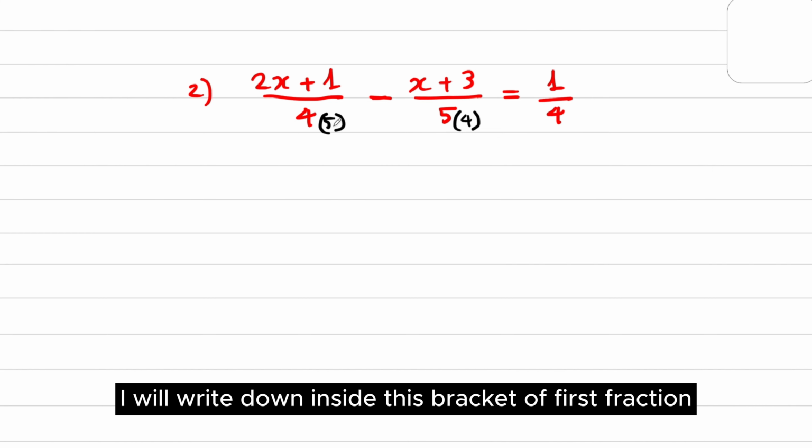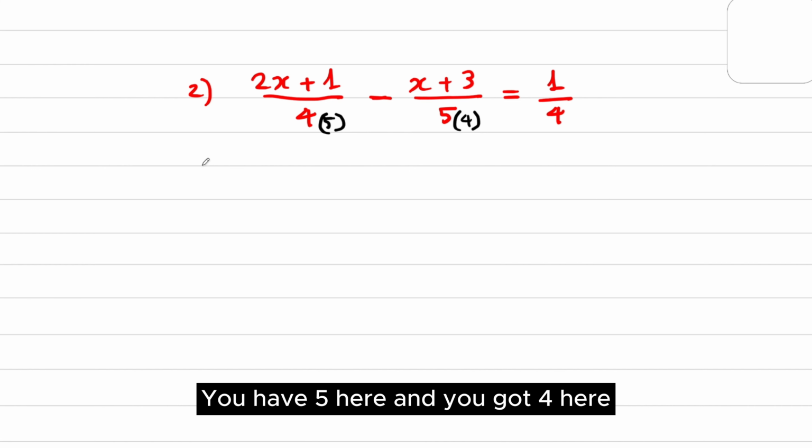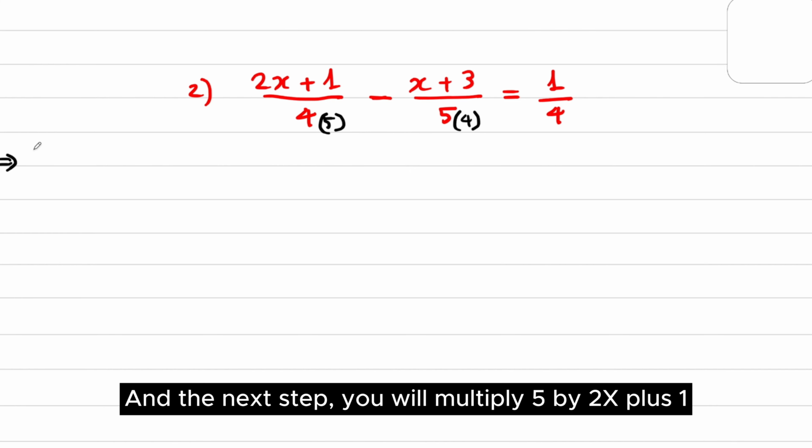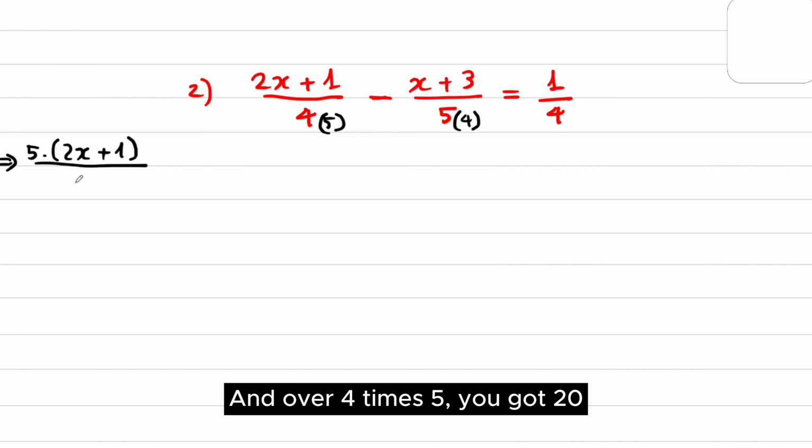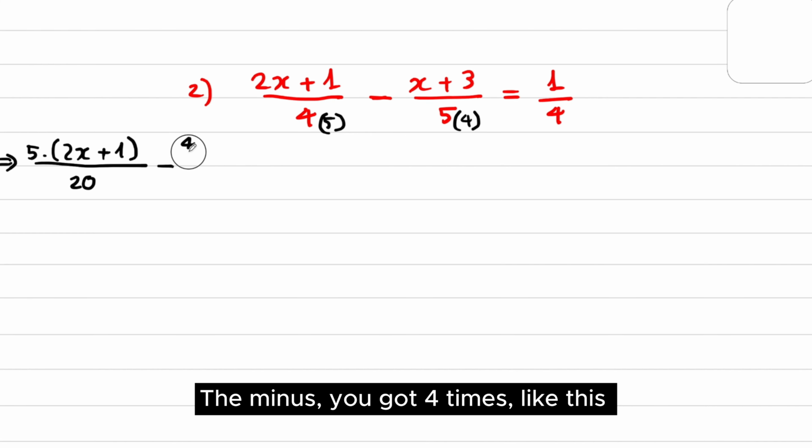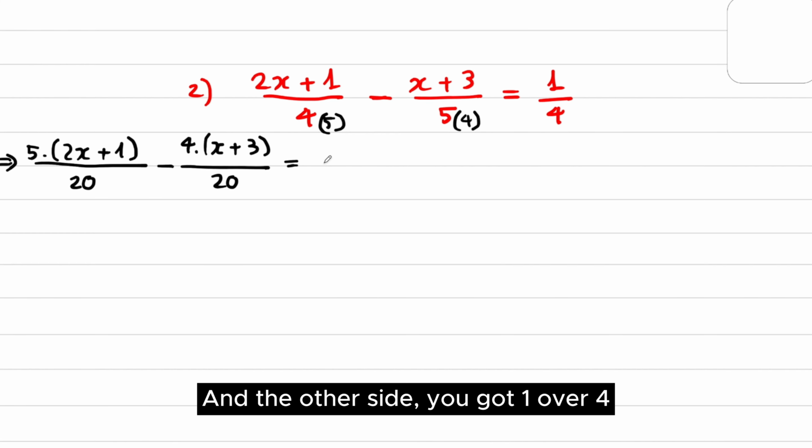First fraction, you have 5 here and you got 4 here. And the next step, you will multiply 5 by 2x plus 1 over 4 times 5, you got 20. The minus, you got 4 times like this over 20, and on the other side you got 1 over 4.